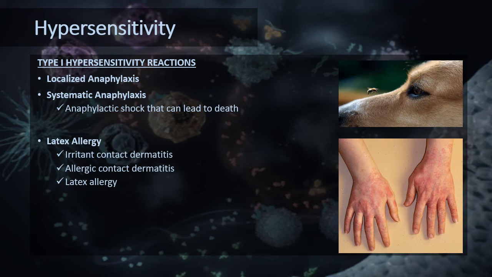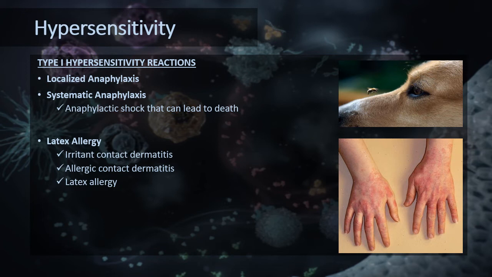It occurs throughout the body and may lead to a fatal condition known as anaphylactic shock. Anaphylactic shock may happen in systemic anaphylaxis to drugs or insect venom. If this is not treated immediately, it can lead to death.